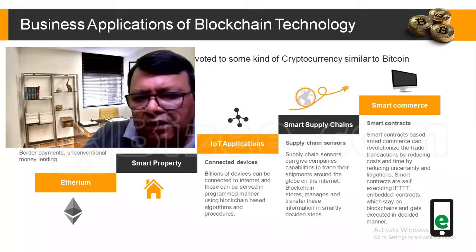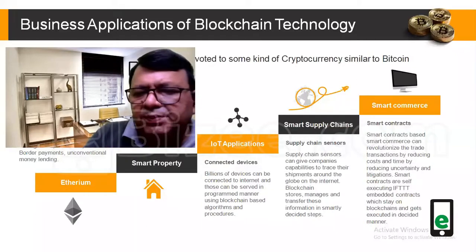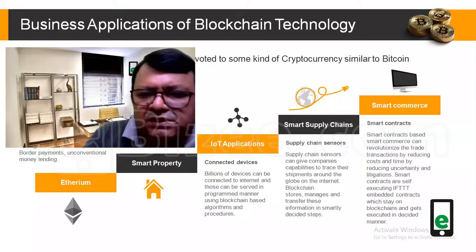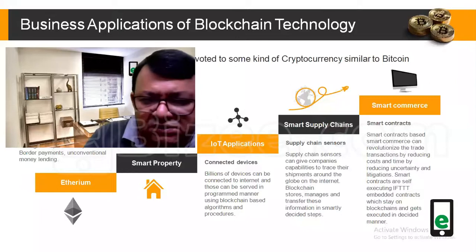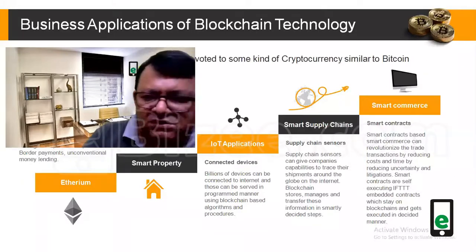And not only that, the blockchain, with the decided procedure and steps, can actually smartly take decisions based on the data supplied by these supply chain sensors. So many things can be automated in supply chain management through these smart supply chains.